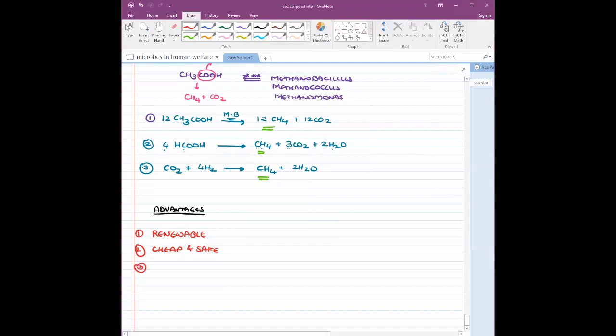The next thing is that this can be used for industrial as well as domestic purposes. If I'm talking about domestic purposes, guys, what are we talking about?